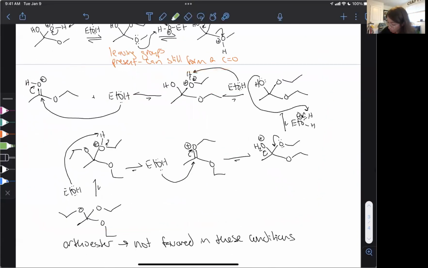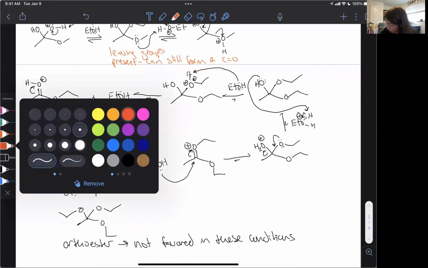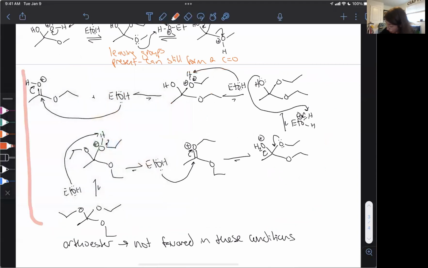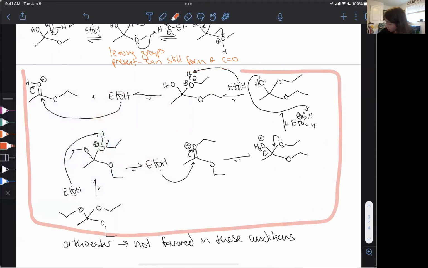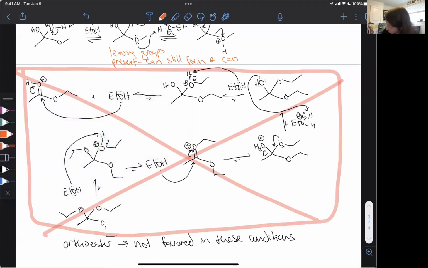Let's get a red highlighter out here. We don't want this. It is not favorable by the equilibrium.